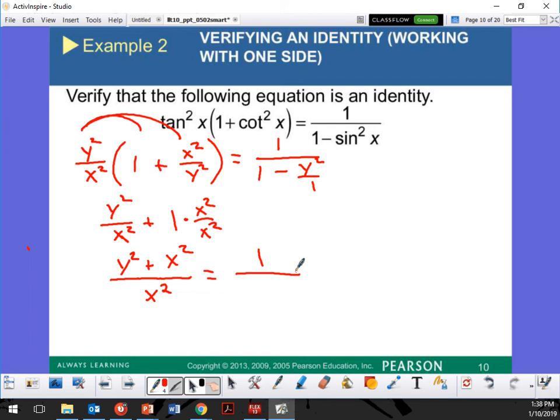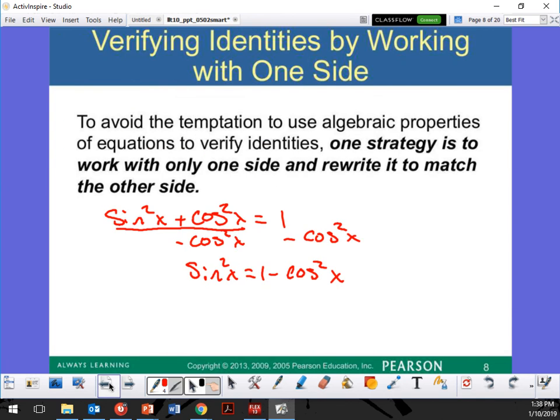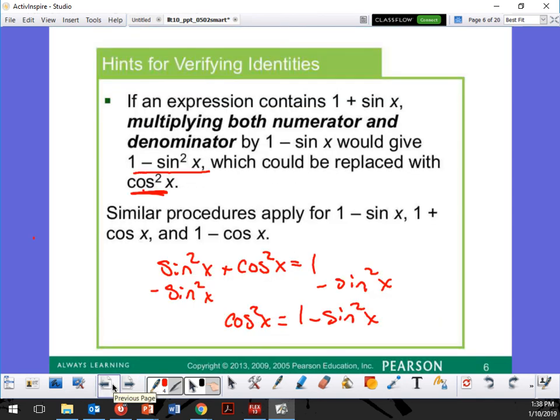Now, for this next one, I'm going to go back. That's the Pythagorean identity. Almost. Okay, so now, this is what I did right here, right? Let's translate this to algebra.